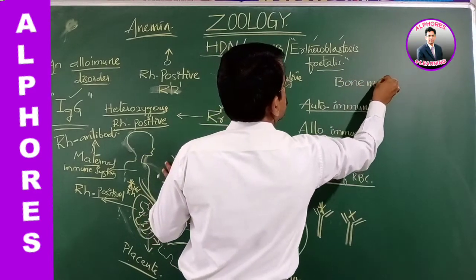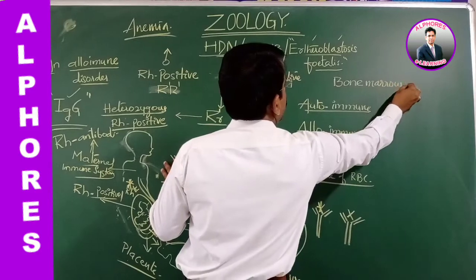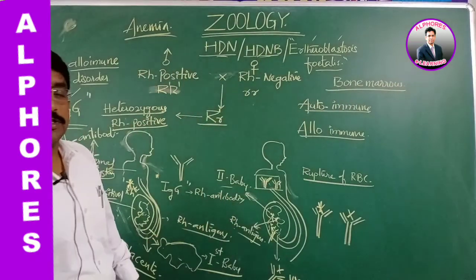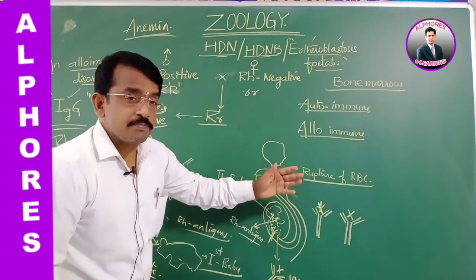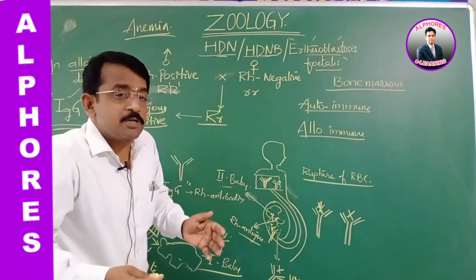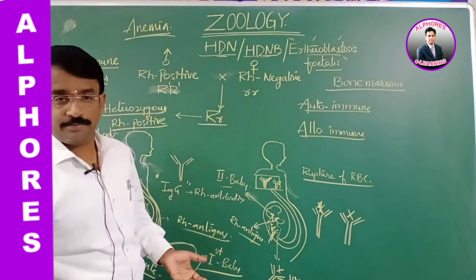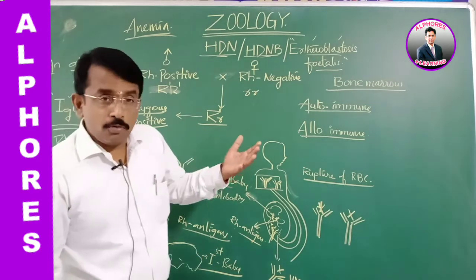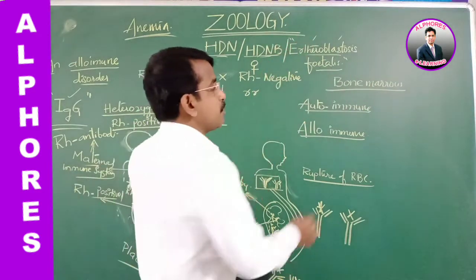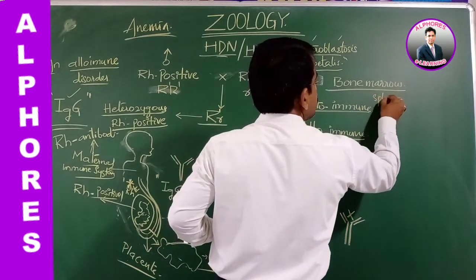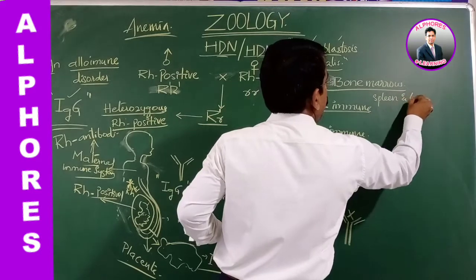Bone marrow is considered to be the hemopoietic organ in adults. As the RBCs are being ruptured, new RBCs go on being produced from the bone marrow, and also from the spleen and liver. Why?